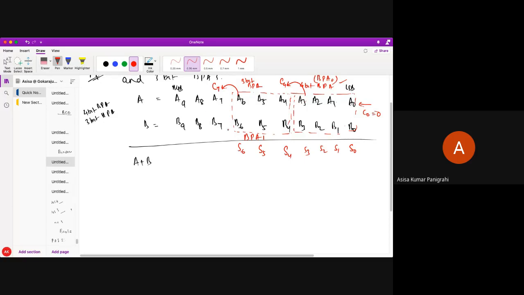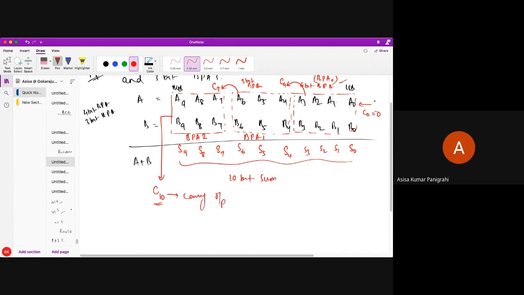Next, A9, A8, A7 and B9, B8, B7 are added with binary parallel adder 2, and it generates S7, S8, S9, and the final carry out, which is C10. So these are my 10 bits of sum, this is my carry output, and this is my carry input. Do you all understand?